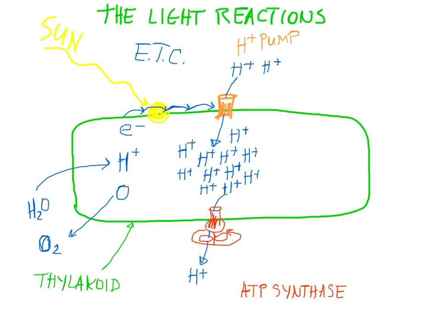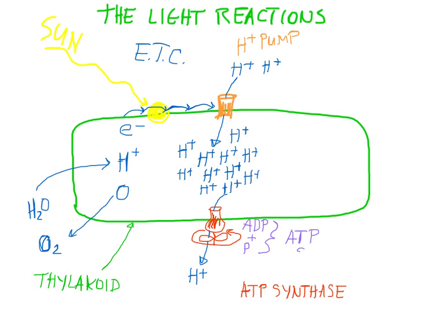The result of this spinning action is that the low energy molecule adenosine diphosphate gets chemically combined with the lone phosphate group to make the high energy molecule known as ATP, adenosine triphosphate.